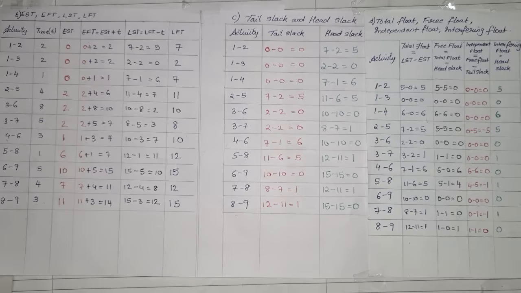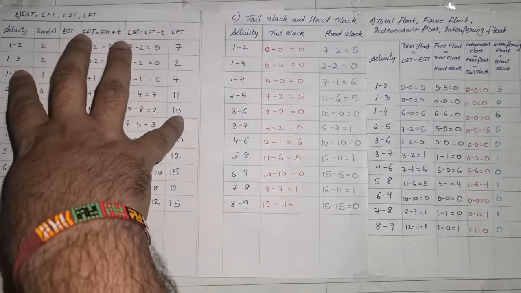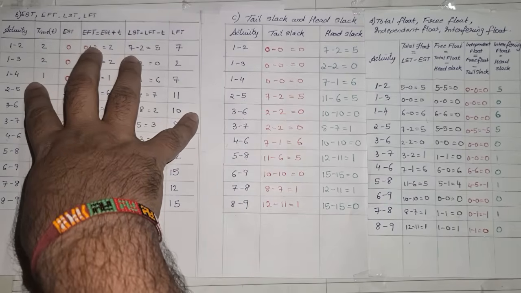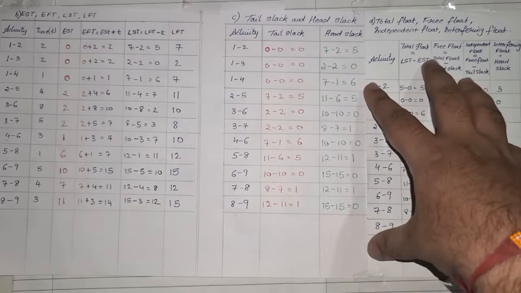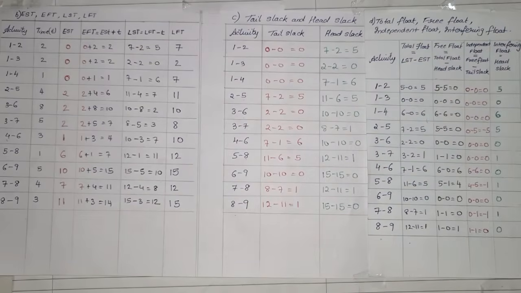Okay, so with that we were able to complete this entire sum. We started off with the network diagram, then we marked the diagram. Based on those markings we were able to get the early start, early finish, latest start, latest finish. We found the tail slack and the head slack, and then we did these four floats.